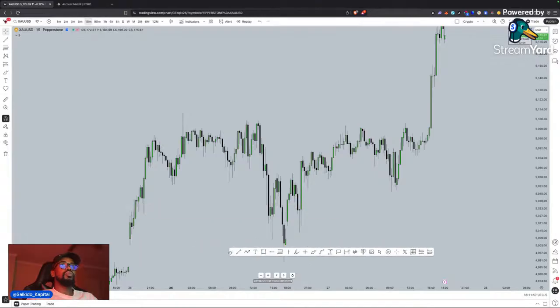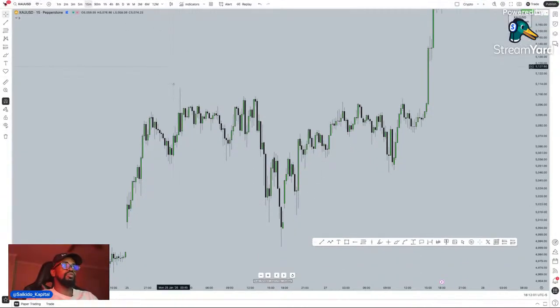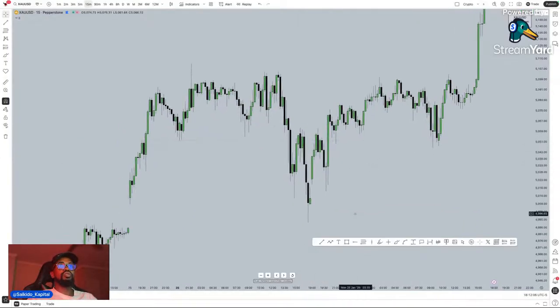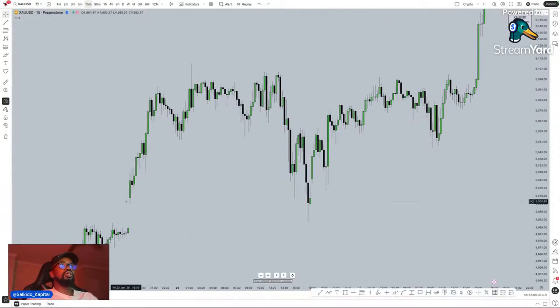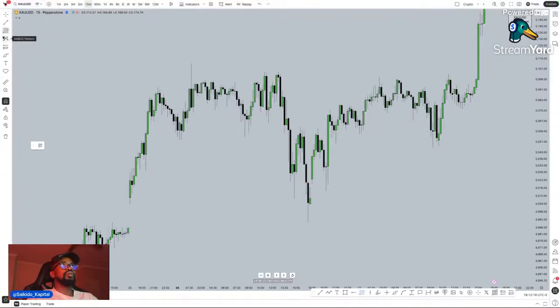So we're looking at the higher time frame structure here. It was very easy, very straightforward. If you look down here, this is a new week opening gap this week. The closing price is here and the opening price is there.